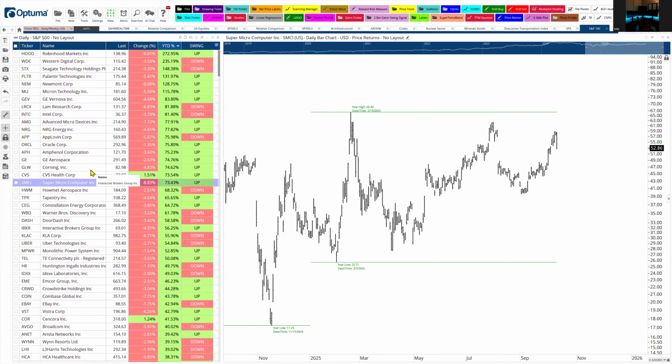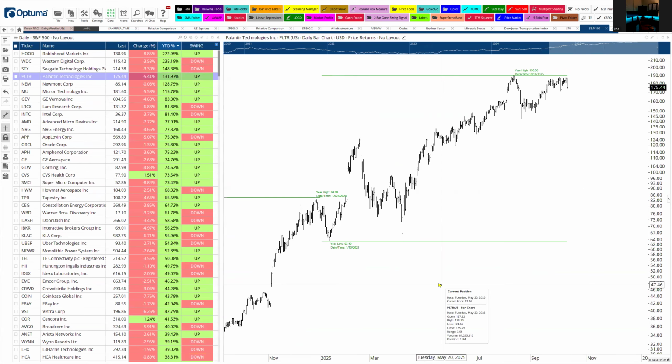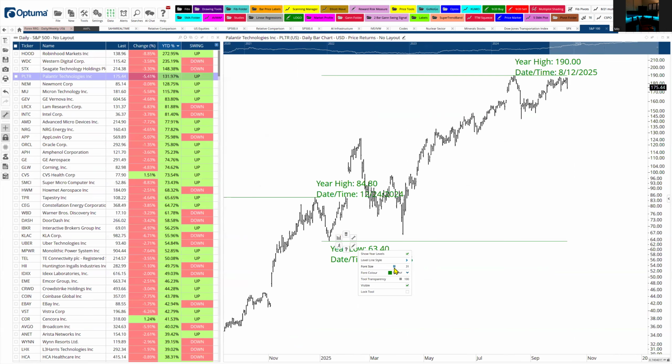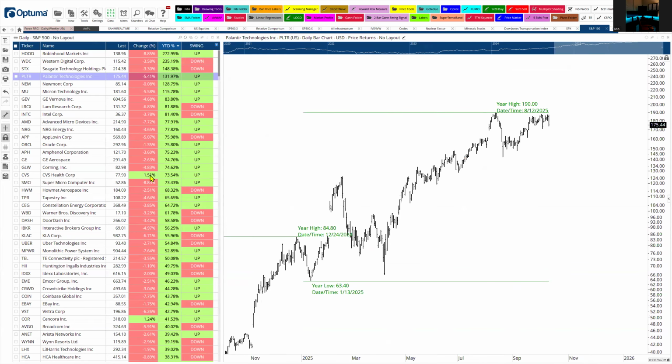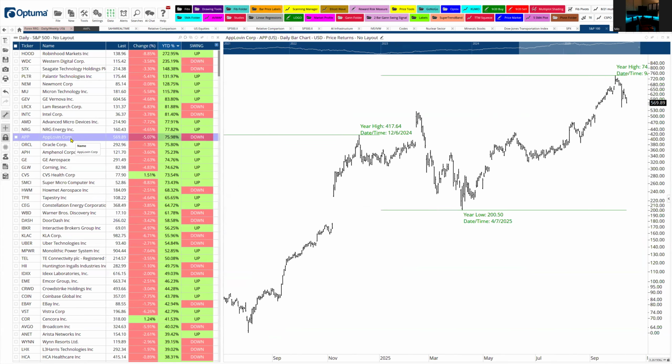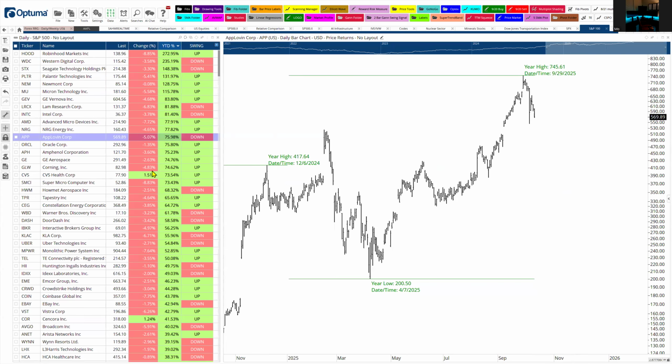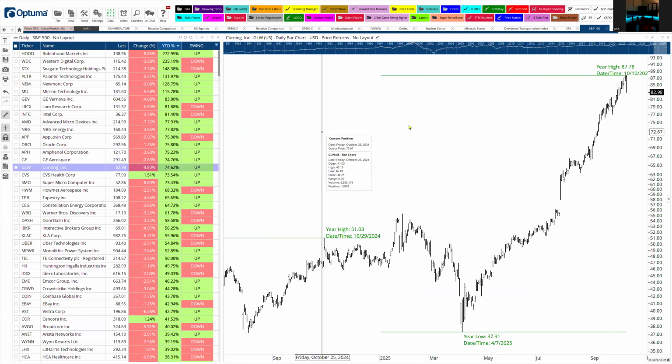Some of these, the best way to look at them is just to look at the year high and low. This gives you the 52 weeks low and 52 weeks high. Kind of see, some of these names that made such a wild move, they're due for a setback.